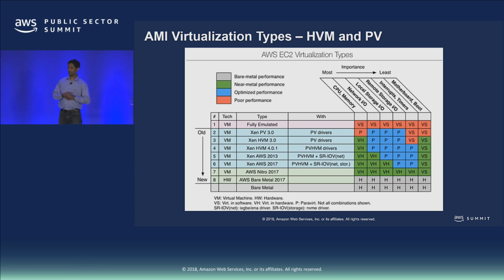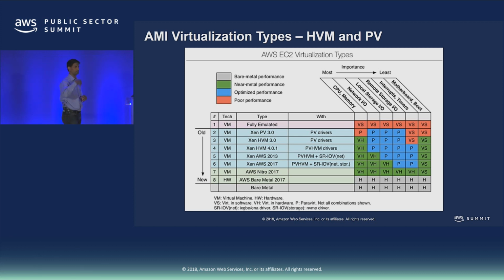Why is it important for you to understand this? There is a direct correlation between the driver set and the chipset powering EC2 and the performance characteristics you can gain out of virtual machines. In this case, we started off with PV drivers. These are para-virtual drivers.